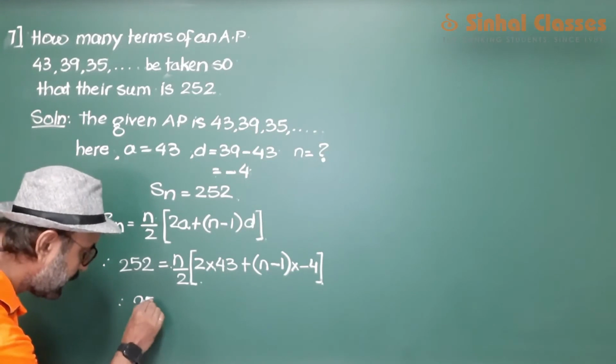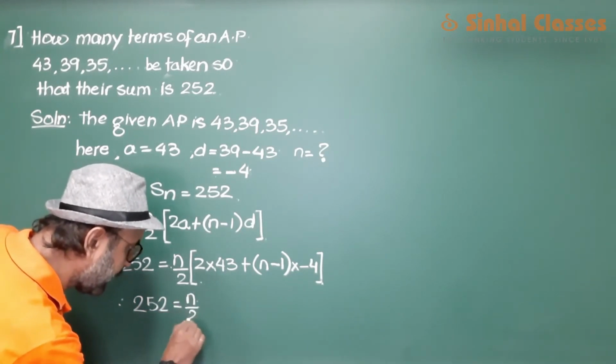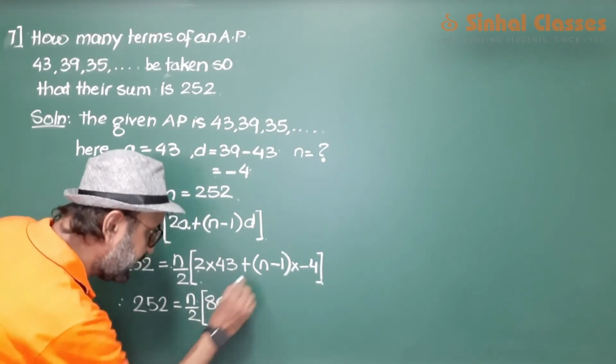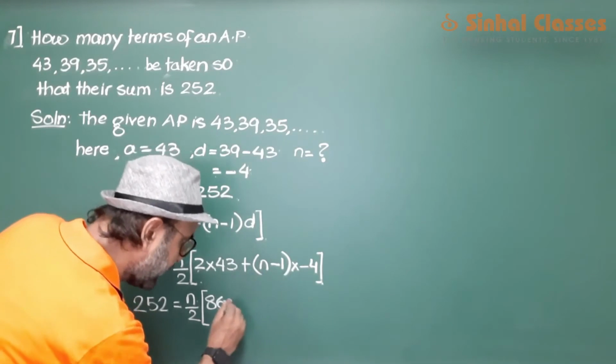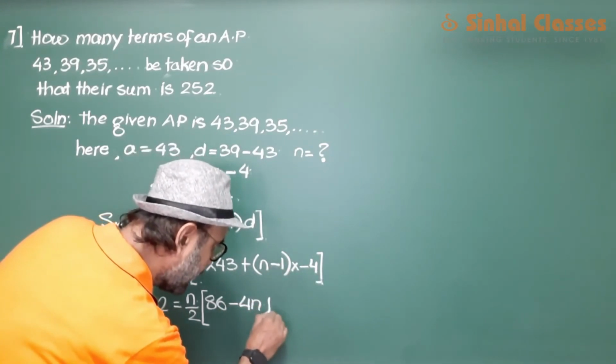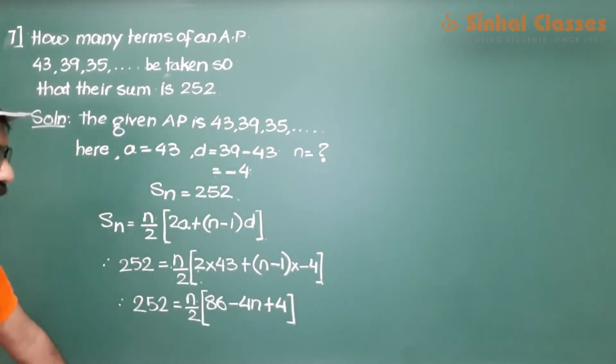Therefore, 252 is equal to n upon 2, 86 minus 4 into n, minus 4n, minus 4 into 1, plus 4.